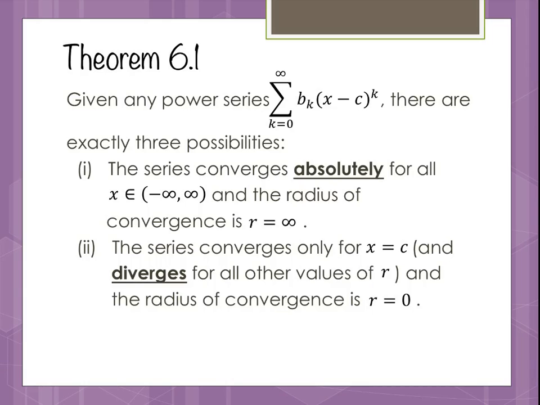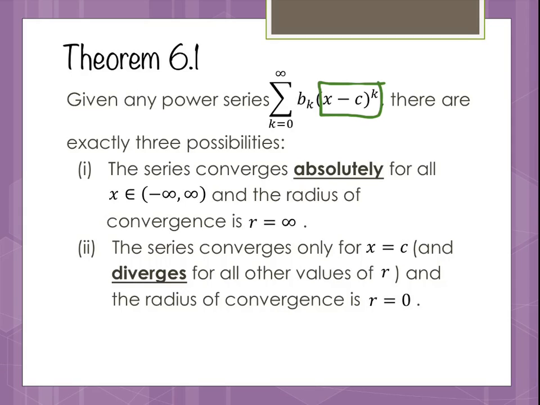Option number 2 is the opposite extreme. It isn't that it converges nowhere, but it will converge exactly when x is equal to c. Now think about that with our series. Why would that work? Why would x equals c force this thing to converge? Yeah, because this piece of the series, as part of the sequence, would become 0.